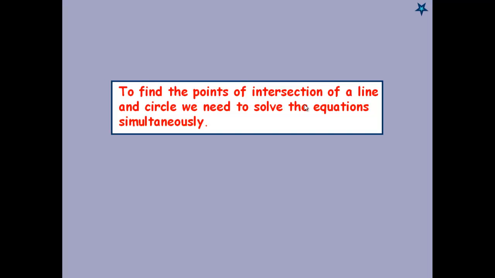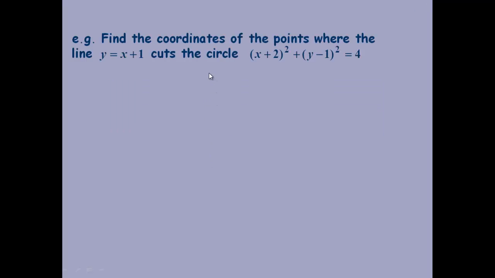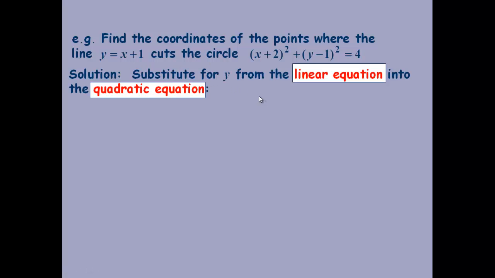To find the points of intersection of a line and a circle, we need to solve the equations simultaneously. So very similar to what we did recently with lines and curves. So looking through this example here, we'll put x plus 1 in for y.